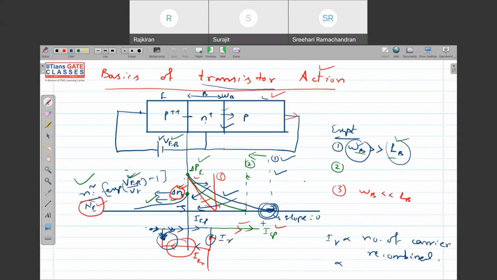Out of the carriers injected into the base, how many are transported across the base and passed to the collector? Out of the injected holes, how much is transported to the collector junction? This is determined by the base transport factor. Clear?